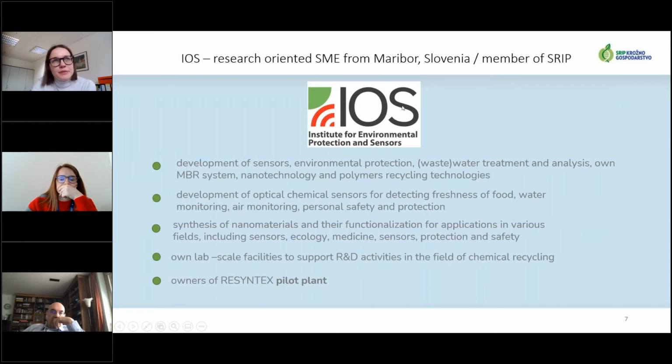One of the members of the strategic partnership for circular economy is also company iOS, located in Maribor. It's a research-oriented small company. They work in the development of sensors, environmental protection, wastewater treatment and analysis.